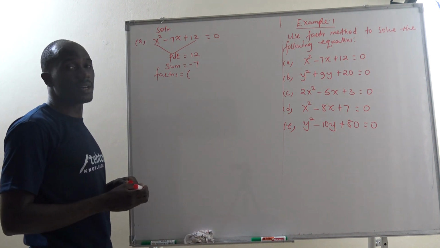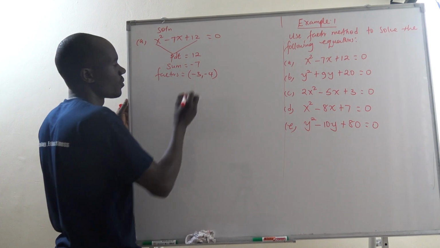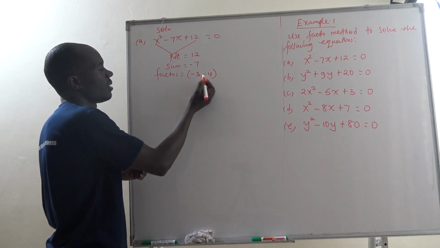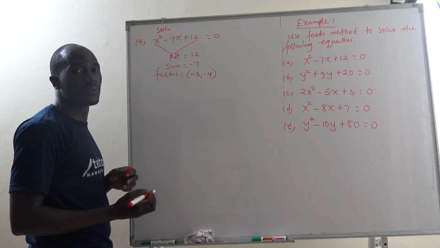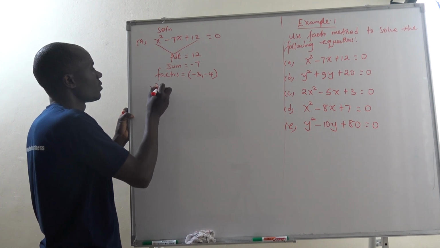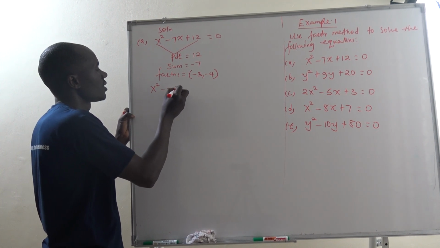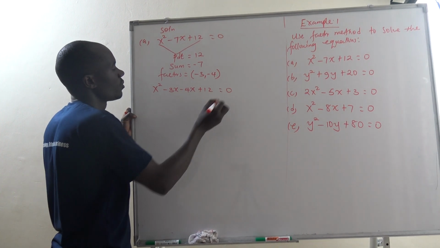So what are those two numbers? Yes, negative 3 and negative 4. Negative 3 times negative 4 gives a positive 12, and negative 3 plus negative 4 gives a negative 7. So we have x squared minus 3x minus 4x plus 12 equals 0.